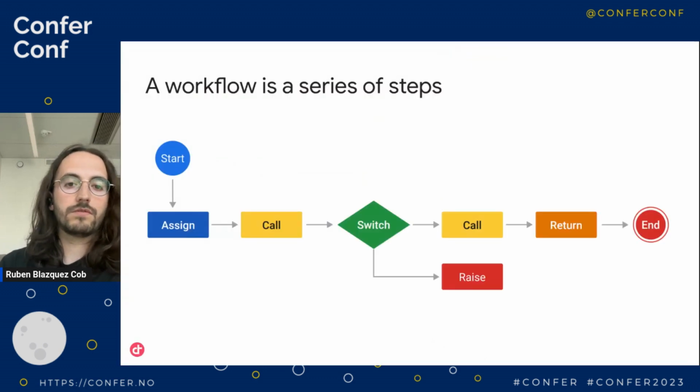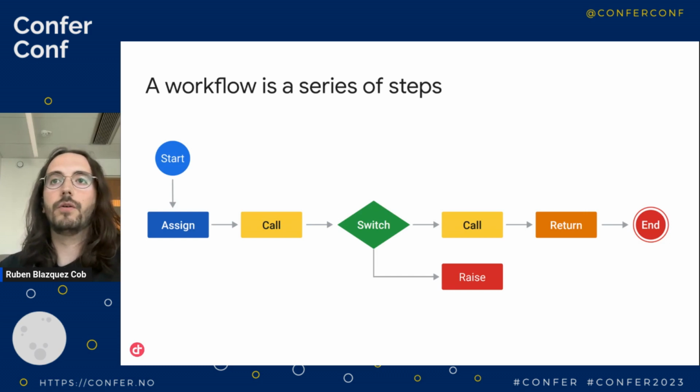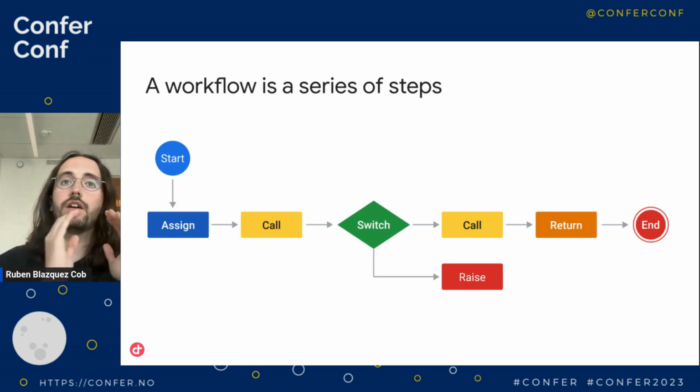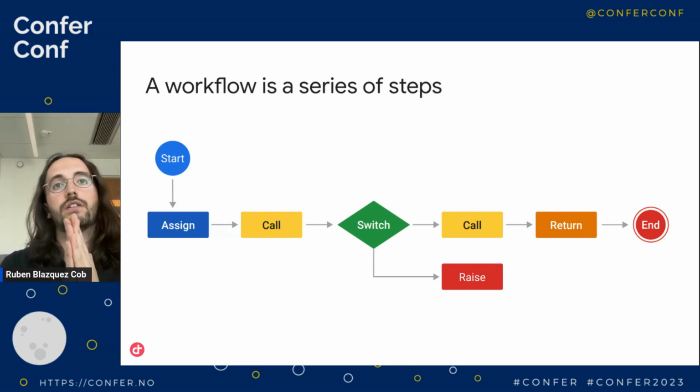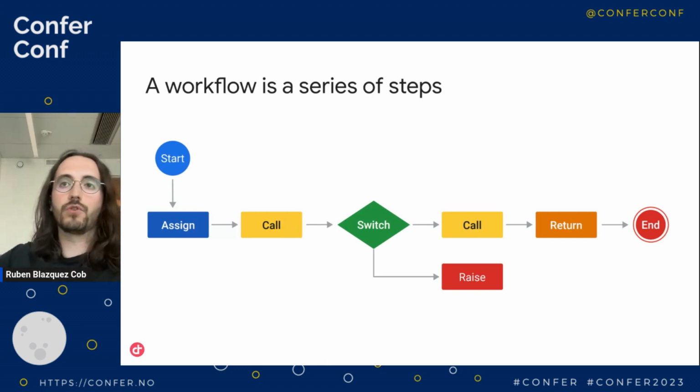So now the workflow, like I said, is a series of steps. These are the different kinds of steps that you can have in a workflow from start to end. You assign, you call, you switch based on conditions, and you can race, or you can then do more calls, then get something in return, and finalize the workflow.